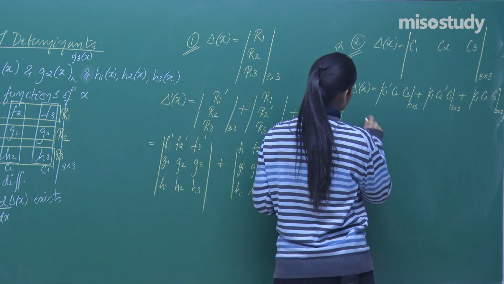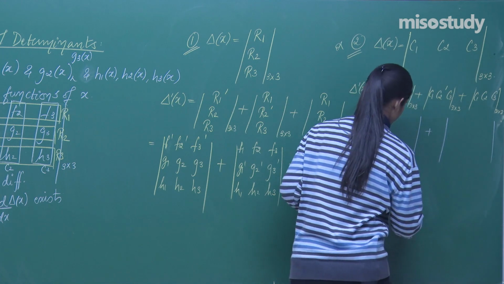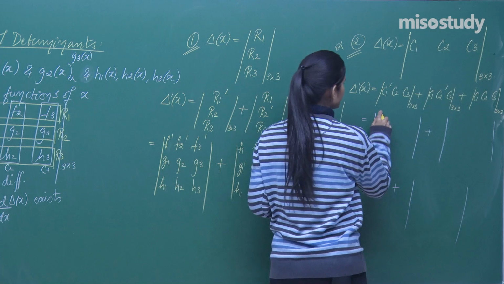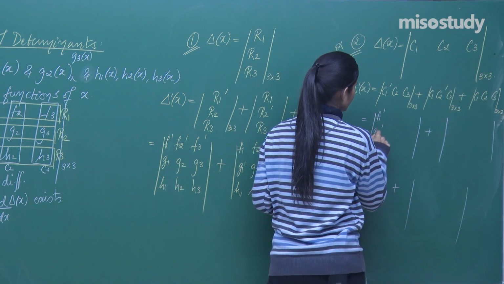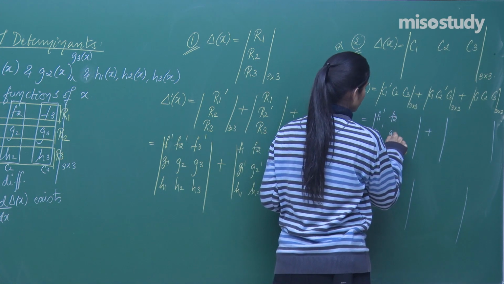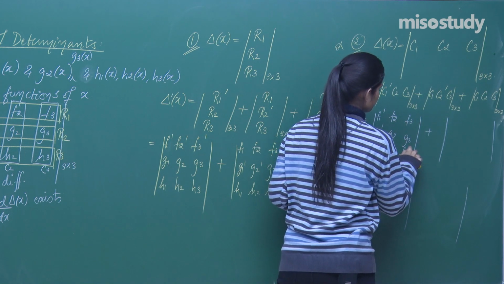That means eventually it is turning out to be: you differentiate the first column, you get f1 dash, f2 dash, g1 dash and h1 dash, and keep the second column as it is, third column as it is.